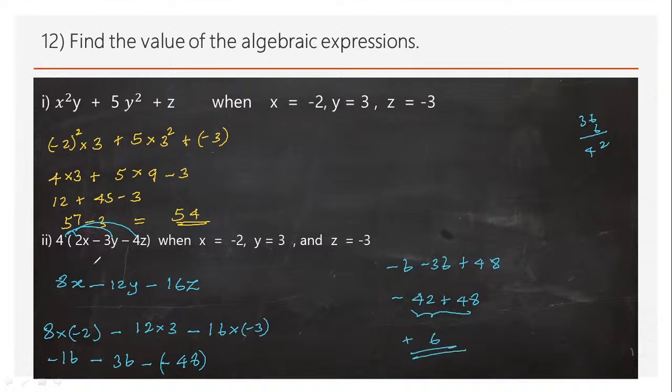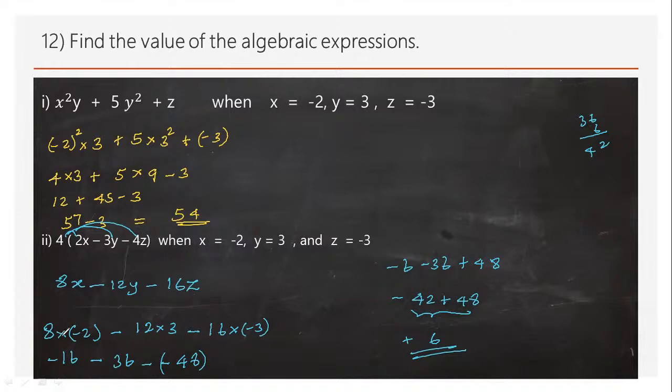Again check whether this 2x minus 3y minus 4z. 4 times 2x, 8x, 4 times 3y minus 12y, 4 times 4 minus 16z.